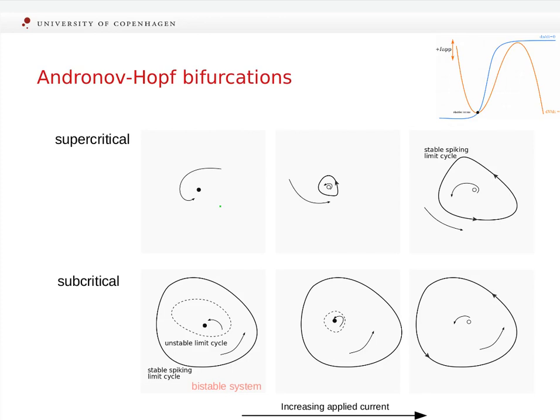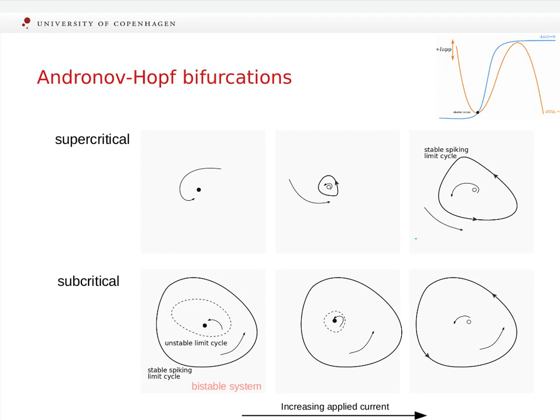which means that the real value of the eigenvalues changes sign, and from being stable it becomes unstable, and we see that there is a small limit cycle around this unstable focus now.